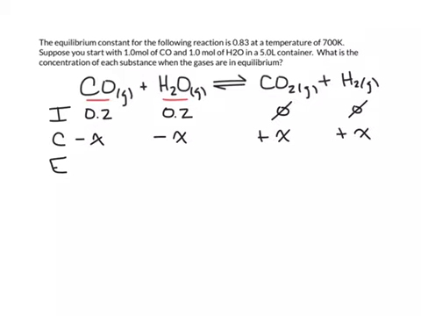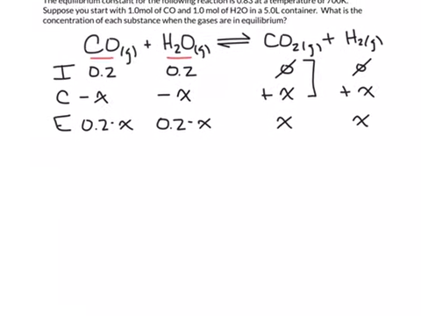And then we can put in kind of an equilibrium concentration. 0 plus X makes X. 0 plus X makes X. And then these ones we're going to leave as 0.2 minus X. So it looks like a pain. We got some algebra to do, but we'll see if we can figure it out here.